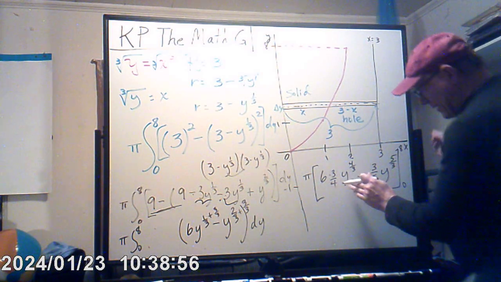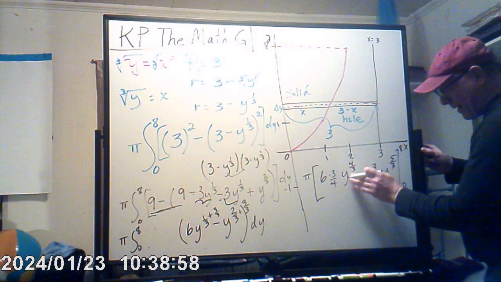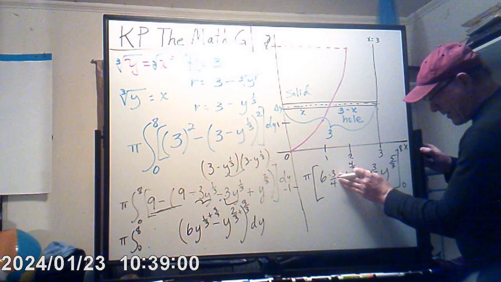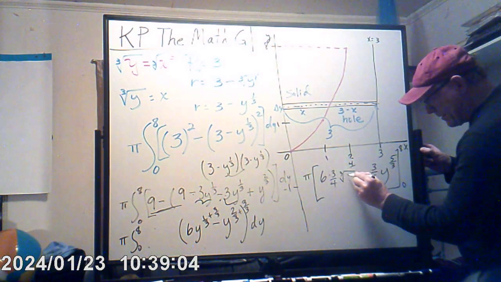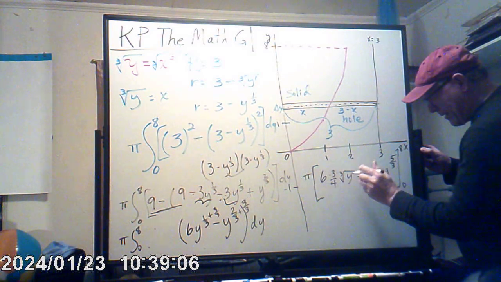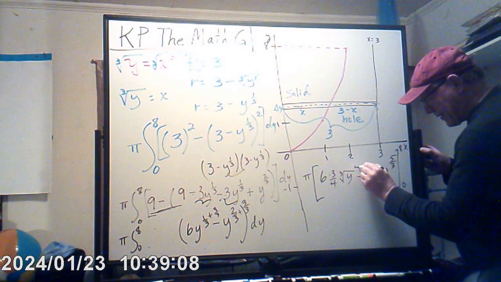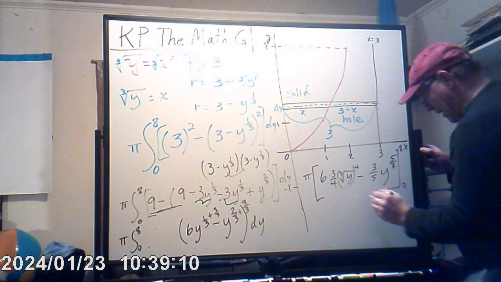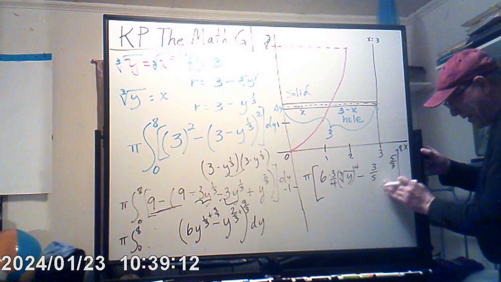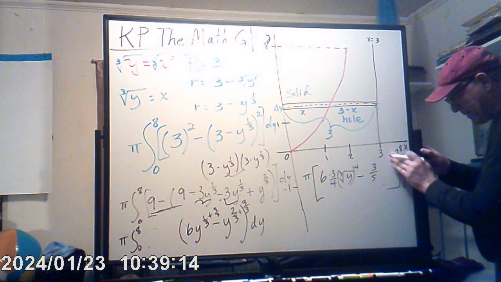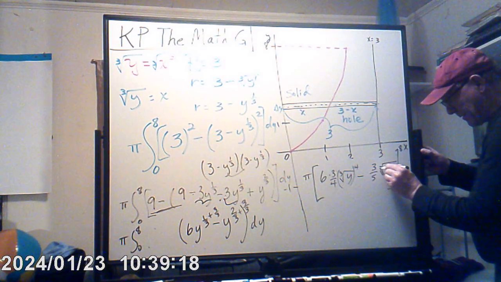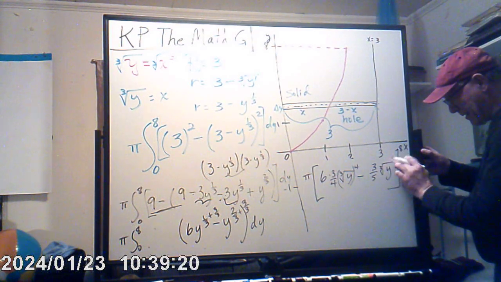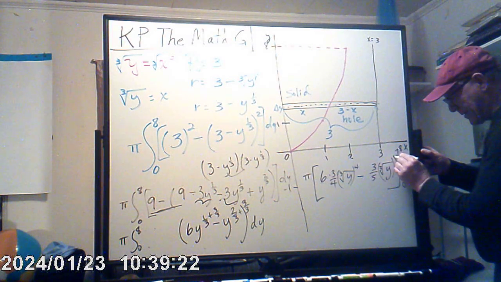And again, this is actually the cube root, so if you mind, I'm going to just go ahead. This is the cube root of y raised to the 4th. And this is the cube root of y raised to the 5th.